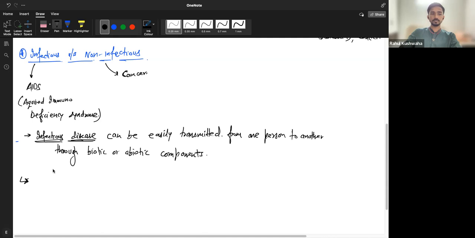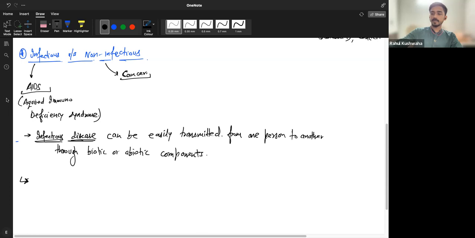Infectious diseases can be fatal, but non-infectious diseases can also be fatal. It's not like if it is non-infectious, it's not a serious one. So in infectious, AIDS, and in non-infectious, cancer is a good example.